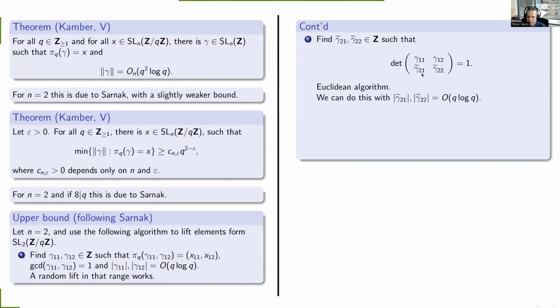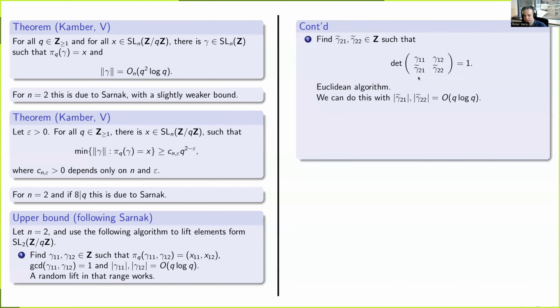You are happy with arbitrary integers, and this can be solved using the Euclidean algorithm. So you just want to write 1 as a linear combination of gamma 1,1 and gamma 1,2, and you can do this with the Euclidean algorithm. And you will find the solution with integers gamma 2,1 tilde and gamma 2,2 tilde, which is of the same size as the entries in the first row, so q times log q.